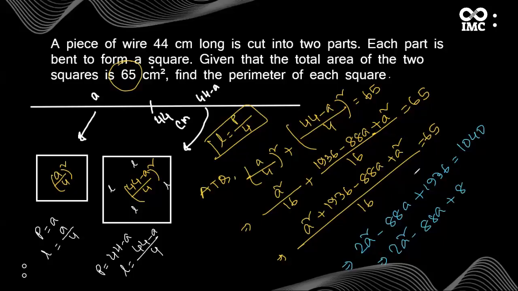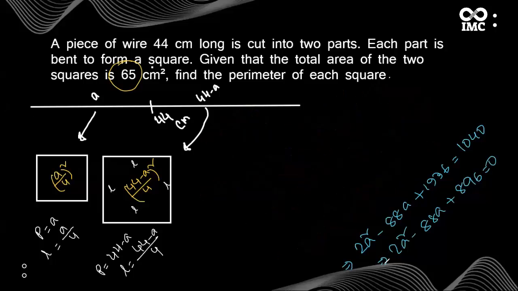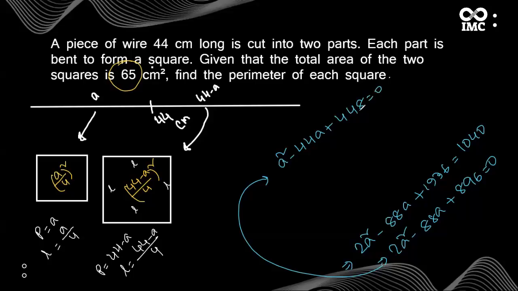So here we will get plus 896 equal to 0. Now from this part, if we divide each term by 2, then we'll get A square minus 44A plus 448 equal to 0.